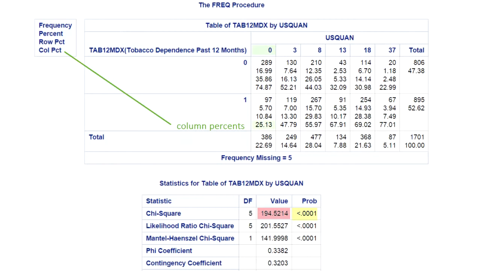So among non-daily smokers, only 25% are nicotine dependent. Among those smoking 1 to 5 cigarettes per day, indicated by a code of 3, nearly 50% meet criteria for nicotine dependence. Those numbers increase with higher levels of smoking.